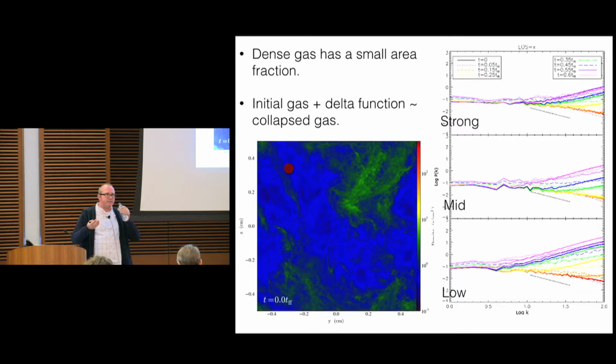If we're really that sensitive to rare fluctuations, could we possibly remove the effect of these hot pixels, of the rare high column density fluctuations, and return to the state of the background cloud?